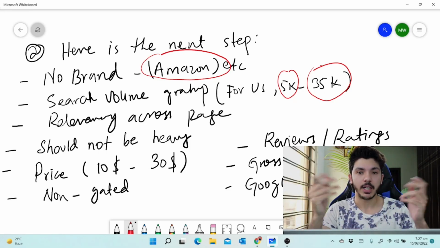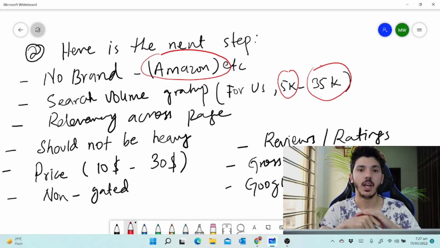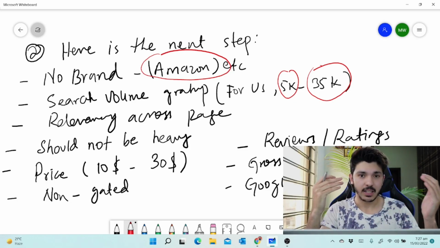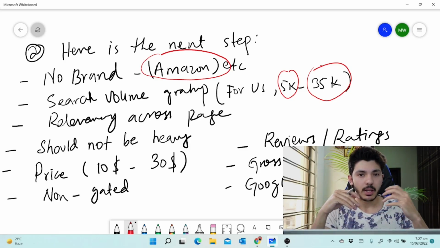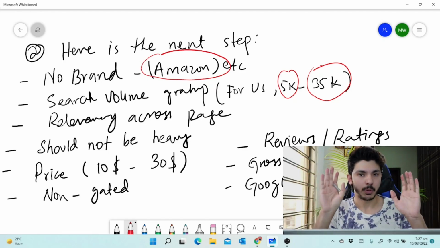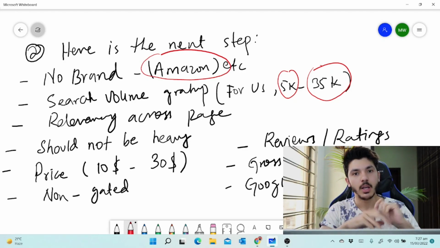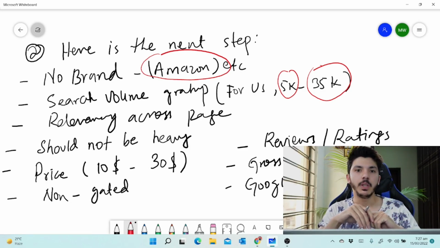Maybe they have bad ratings and their product is poor and people are not liking the product, or their sales trend is going down, or maybe they are seasonal products. So I won't look into that product. So you need to go through each and every single step in order to make sure that this product is going to be very good for you in the future.